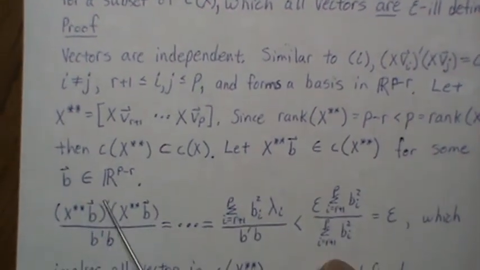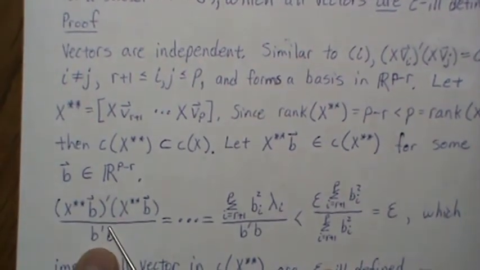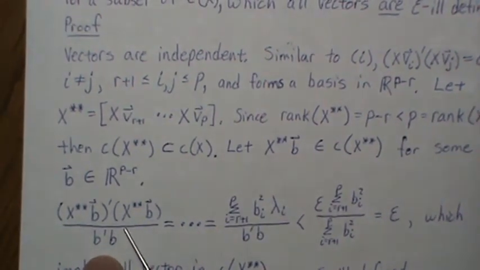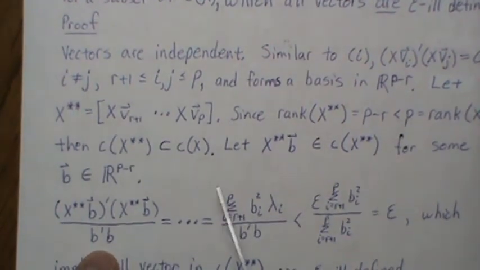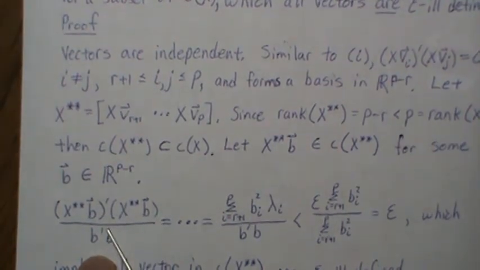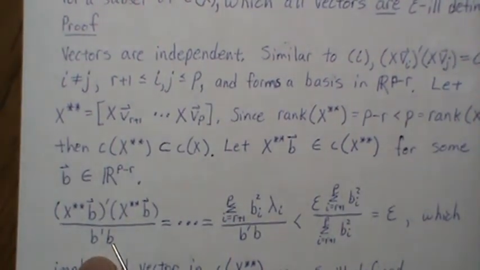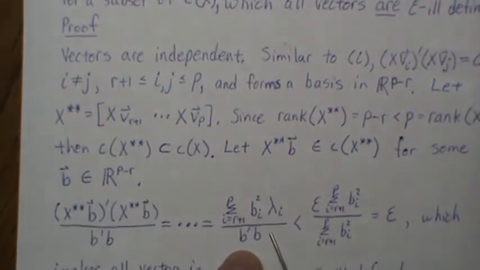So now let's look at this condition to see if these vectors in the column space are ill-defined or not. And so we set up this condition. And now very similar to number 1, we get to this sum.